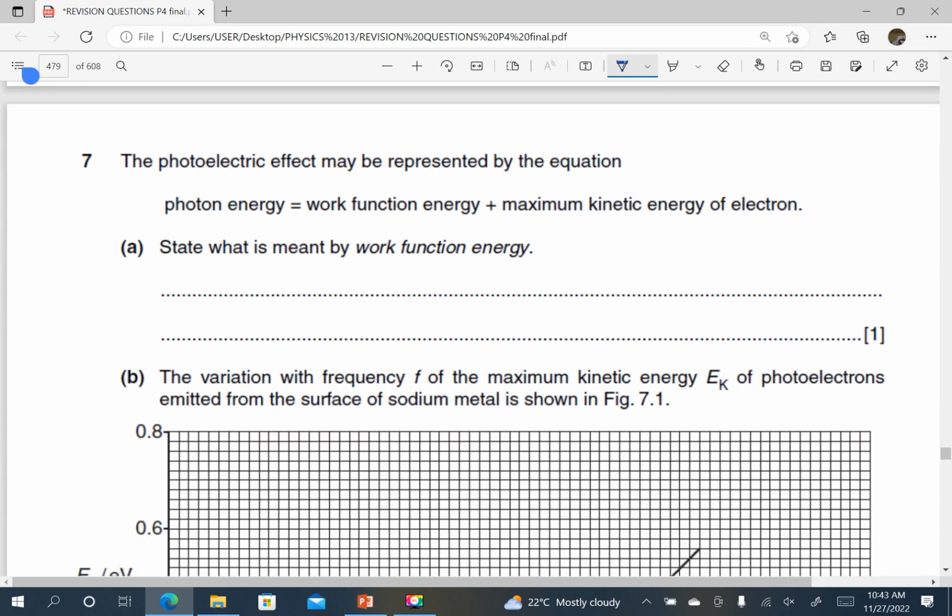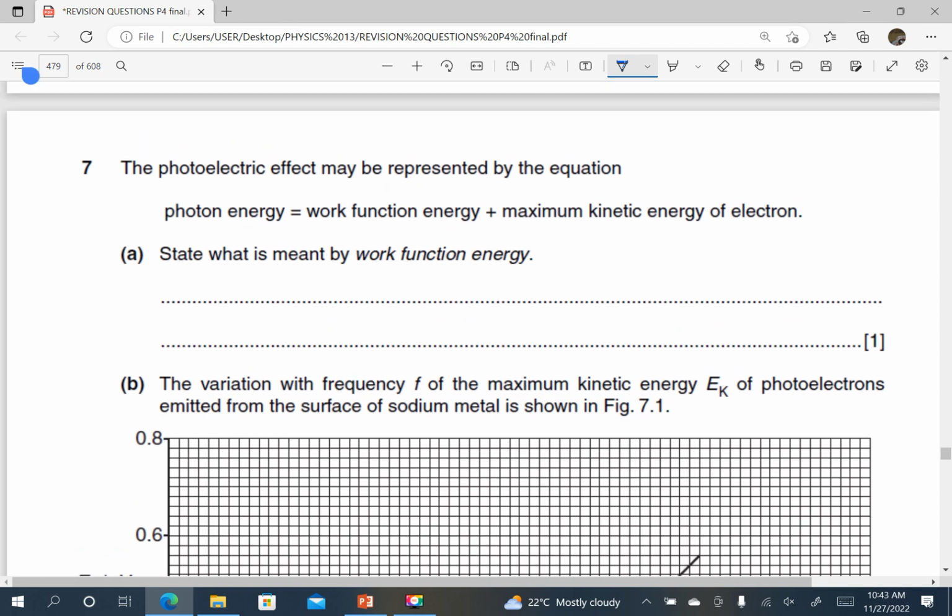Take what is meant by work function. Work function, of course, now we are familiar with this.